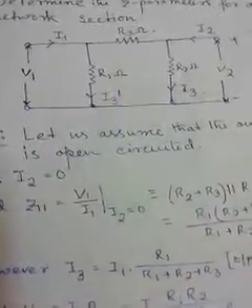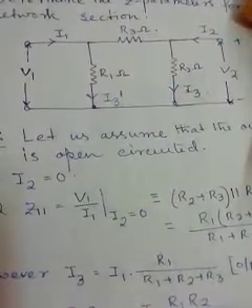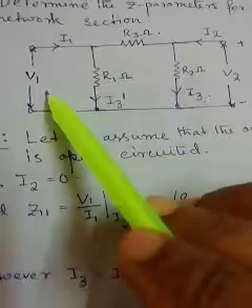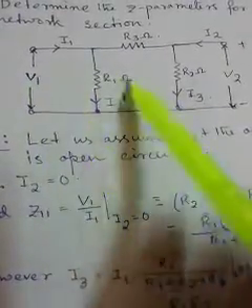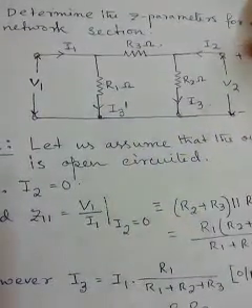Then what about Z12? So Z12, how do we find it? Z12 is nothing but V1 by I2. So V1 by I2 we have to find out. So what is V1? V1 should be R1 into I3 dash. Here another current we have mentioned.